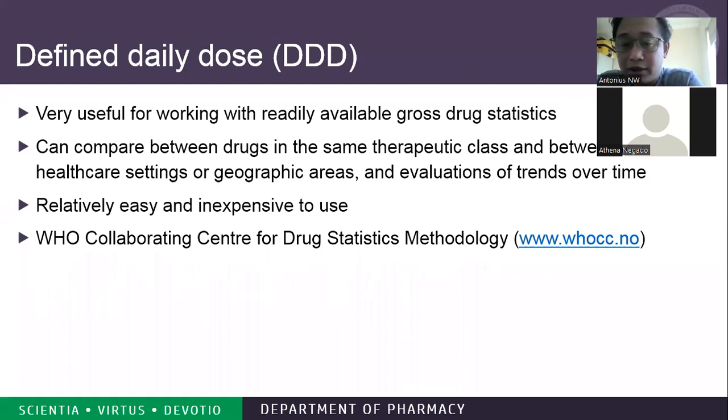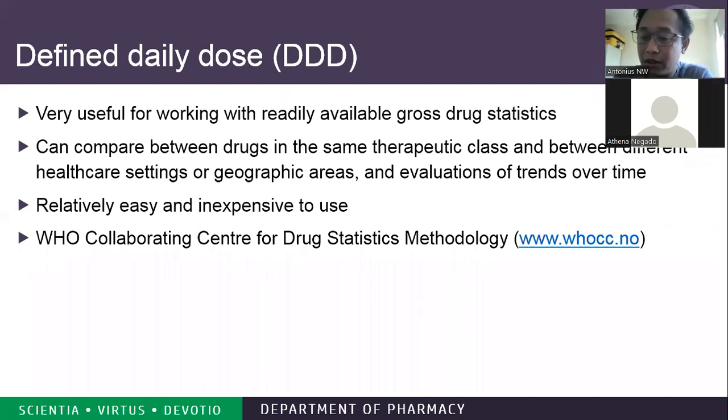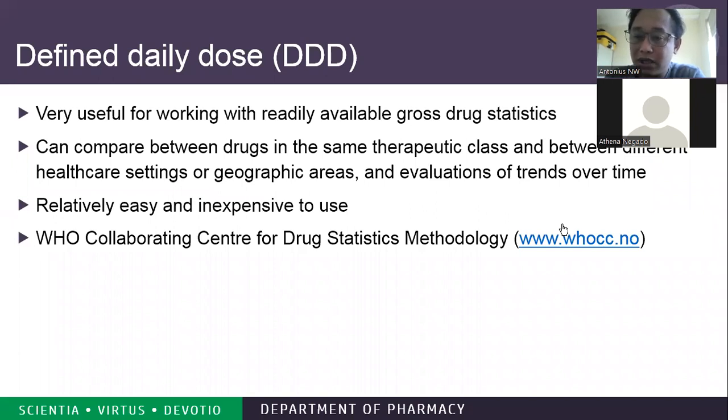this defined daily dose was developed historically by the WHO Collaborating Centre for Drug Statistics Methodology. You can access the methods and the explanation about them on this website, WHOCC.no. It is in Norway.